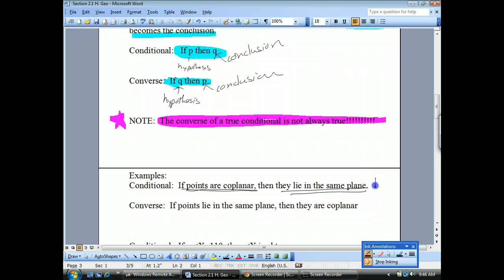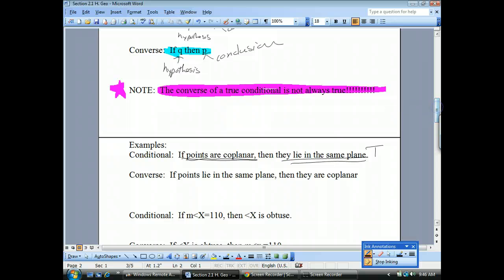That is a true statement because by definition, coplanar points all have to be in the same plane. So the converse would be: if points lie in the same plane, now this is my hypothesis, then they are coplanar. In this case, the converse is true.